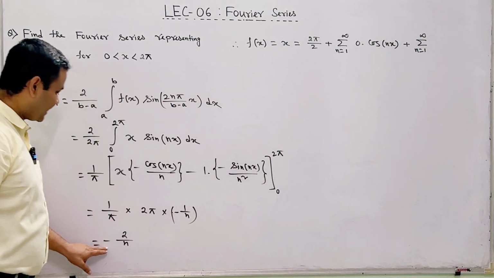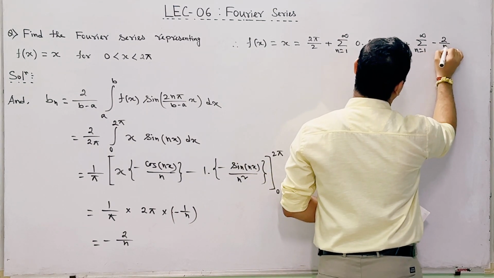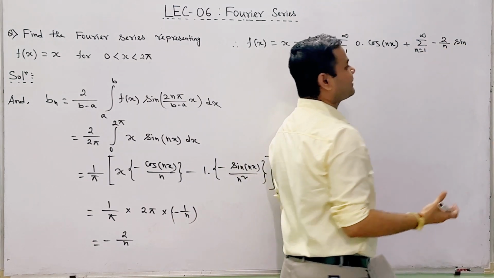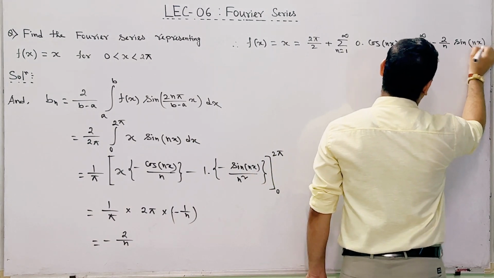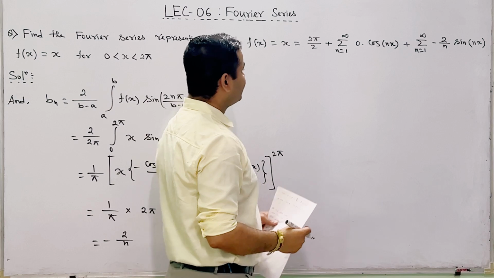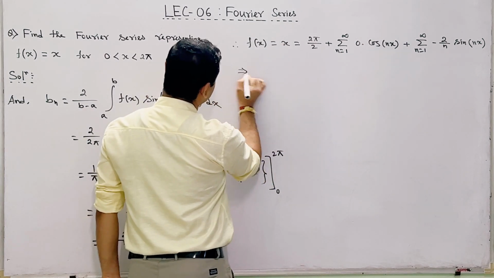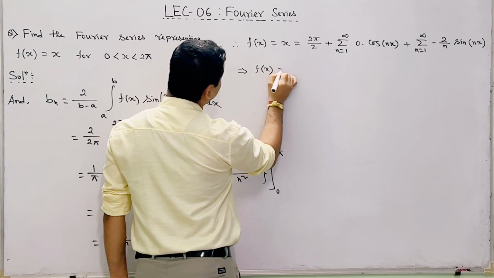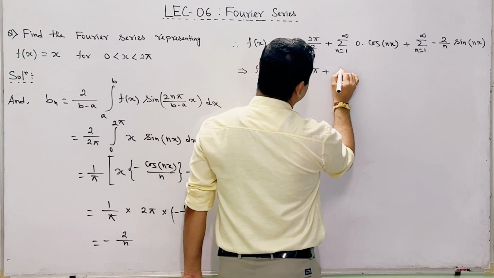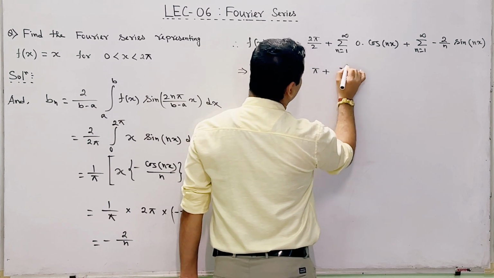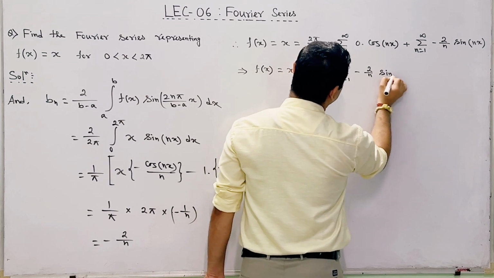So, the value of bn is minus 2 by n into sin nx. So, here we have seen that this part is cancelled out. So, ultimately we will get the Fourier series expansion of the function f of x equal to x as pi plus summation n goes from 1 to infinity minus 2 by n into sin nx.